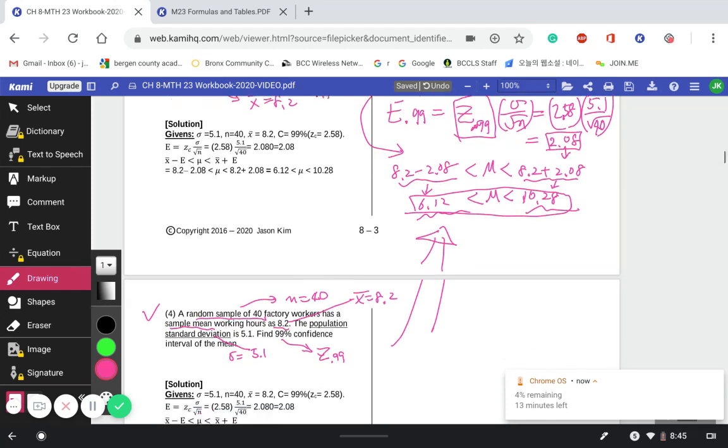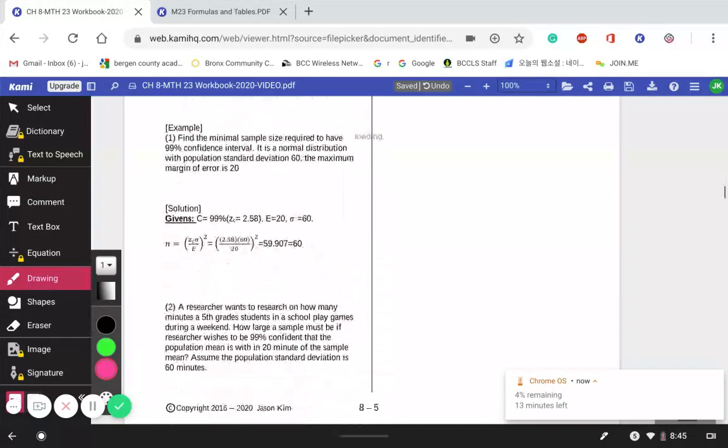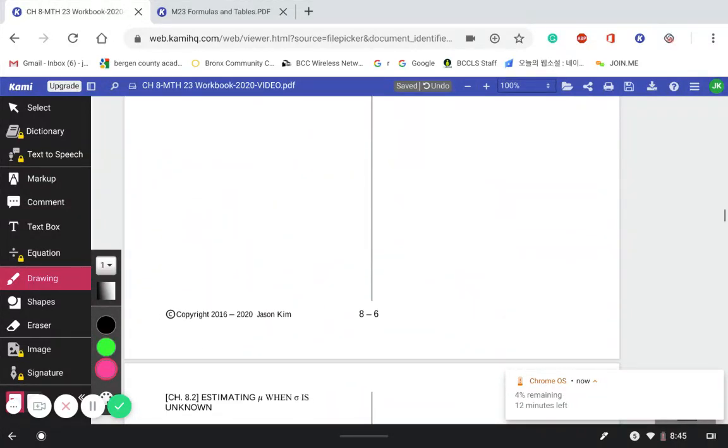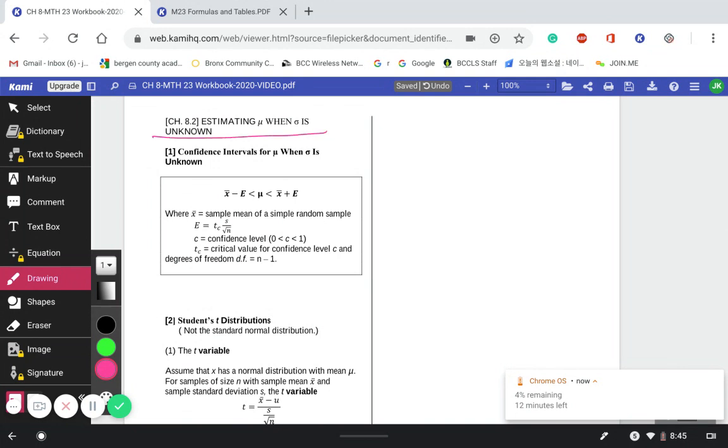So now let's get into another format. Now, another format is when you have estimation when the sigma is not known.